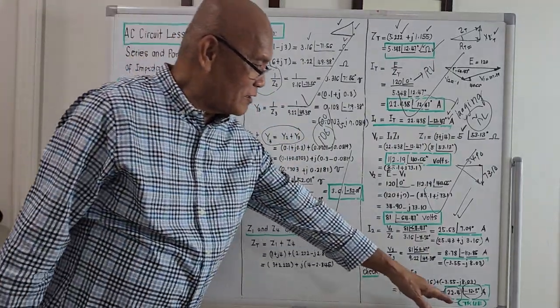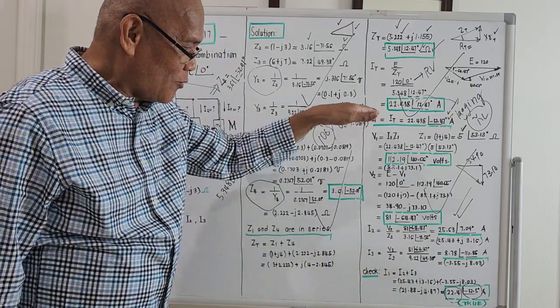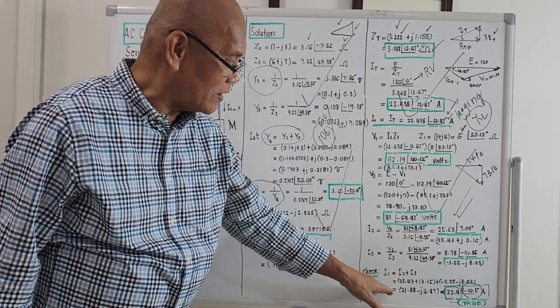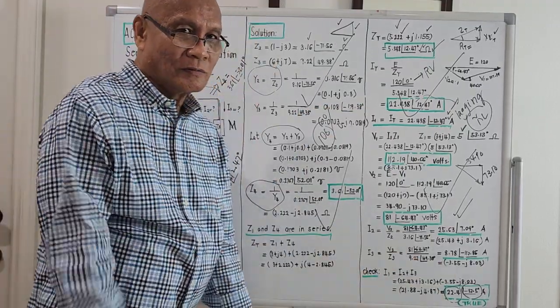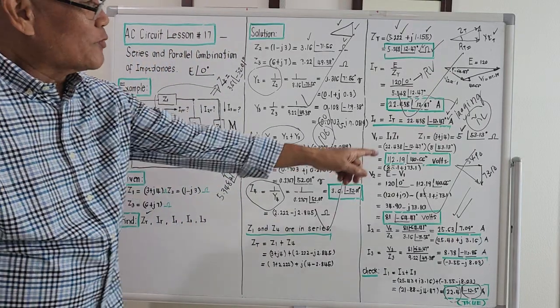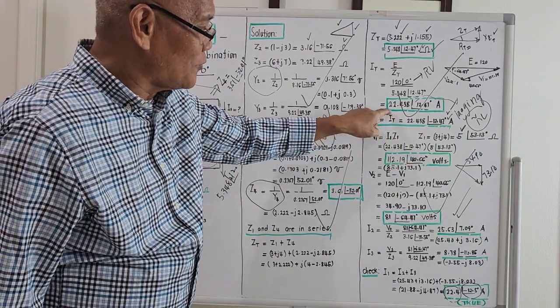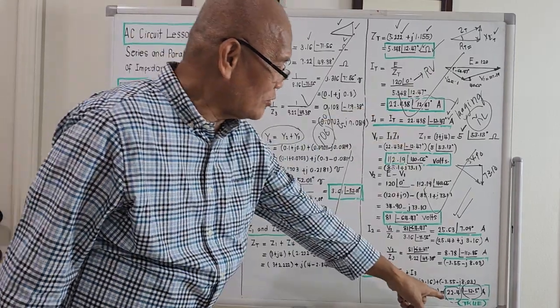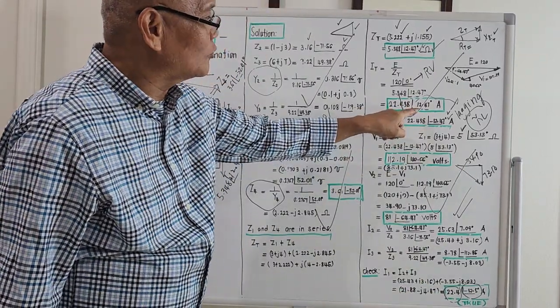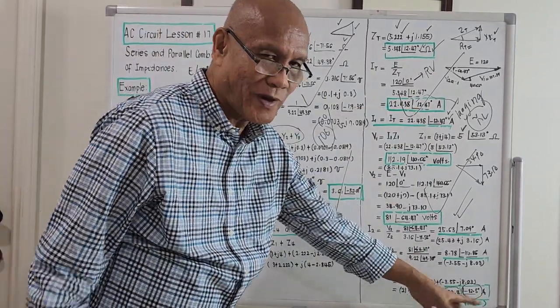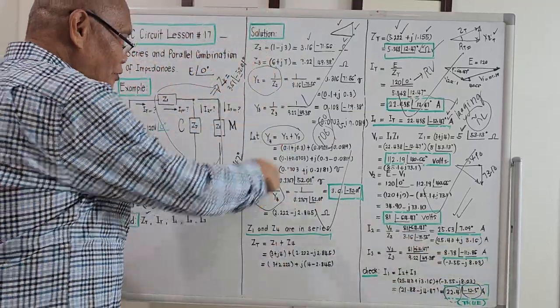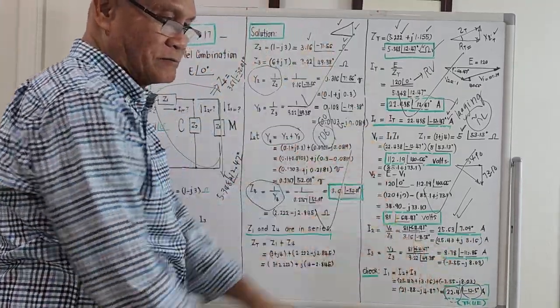You should check the validity of your answer, because if I1 is not equal to the I1 in your checking, you are wrong. As per magnitude, this is 22.4. This is 22.4. The angle is negative 12.47. This is negative 12.5. It is correct. So all portions of the solution is correct.